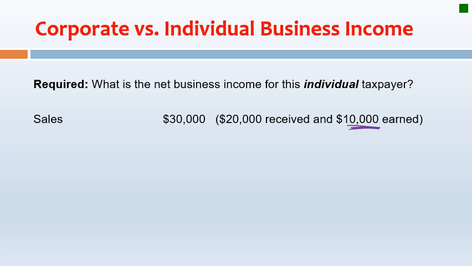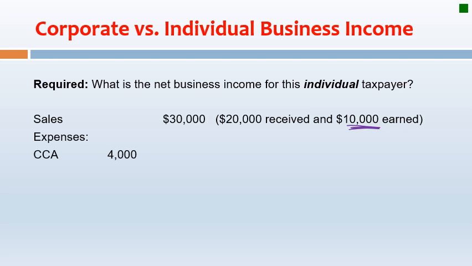So in this case, it doesn't matter whether or not they were paid the $10,000 or whether they billed it. If the service is performed, it must be included in income. Now, this is pretty normal accounting practice as well, but some individuals don't necessarily know this and maybe they're doing it wrong. So we just have to make sure we record all the sales here for tax purposes because they will be taxed on them.